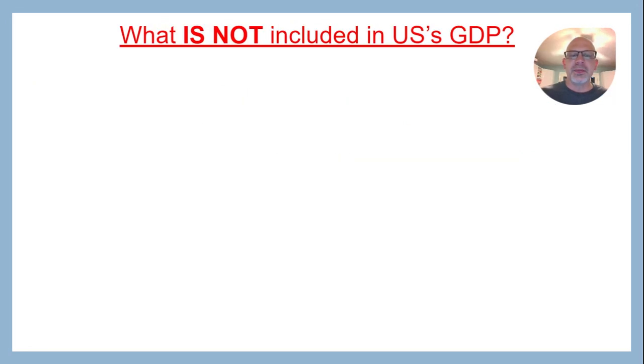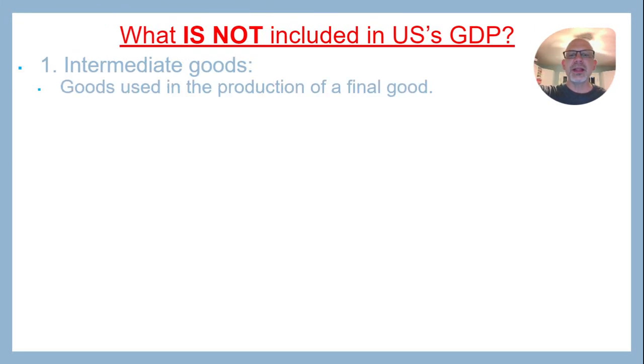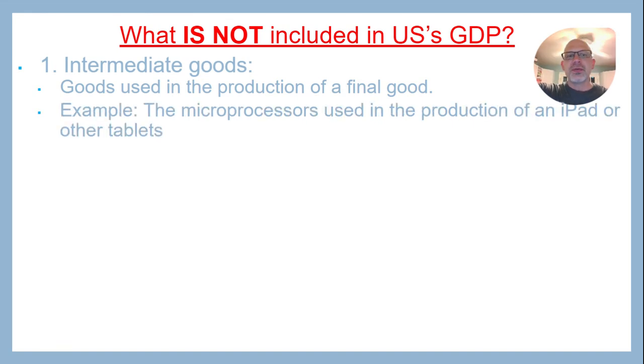What's not counted in the U.S.'s GDP? Okay, intermediate goods. These are goods that are not the final good purchase. They are the ingredients. So they're goods used in the production of a final good. Okay. So, for example, let's say Apple has a production facility inside the U.S., or Microsoft has a production facility inside the U.S. And what happens is they have these microprocessors that do all the work inside a tablet or iPad.